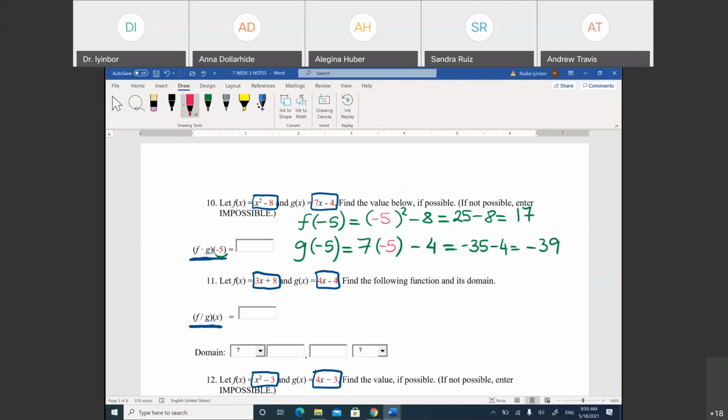Multiply. You're going to multiply 17 times negative 39. The answer is negative because positive times negative is negative. And 39 times 17, what is that? 663.